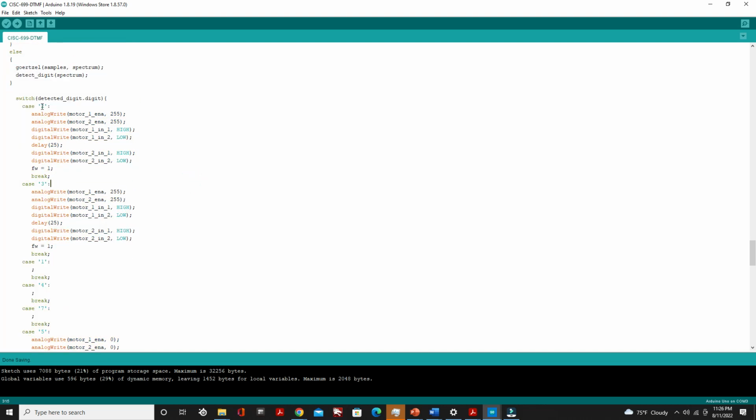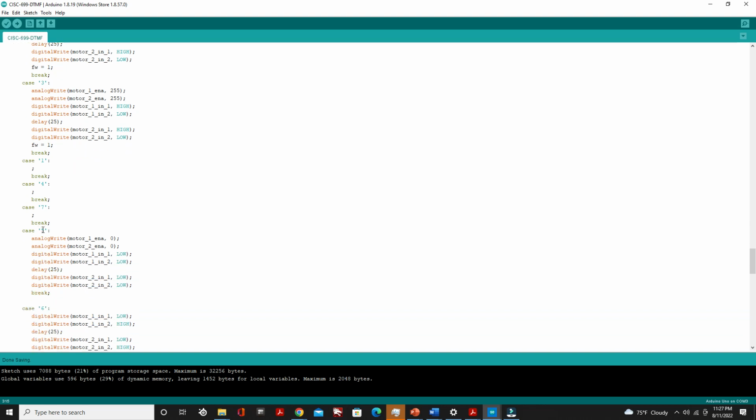For example, if the detected digit is 2, I enable the DC motors in the forward direction with the maximum speed of 255 duty cycle. For 3, again I do the same action as 2, but the intended usage was to set the speed for keypad 2 to 175, and to set the speed of the DC motor to 255 when keypad number 3 is pressed.